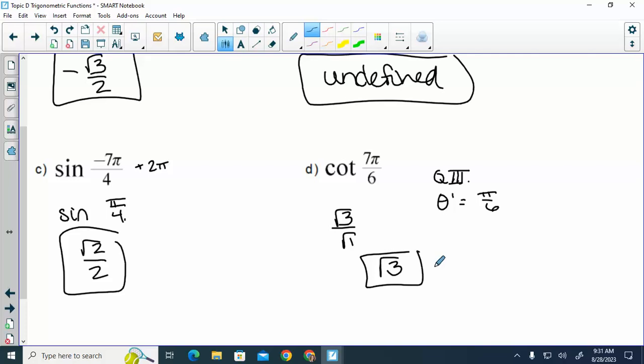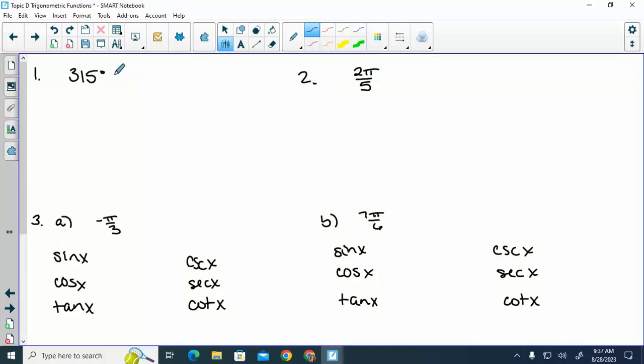Okay, here's what I want you guys to do. If you flip over that paper, I want you to take a few minutes and try questions 1, 2, and 3. So 315 degrees you would multiply by pi over 180.